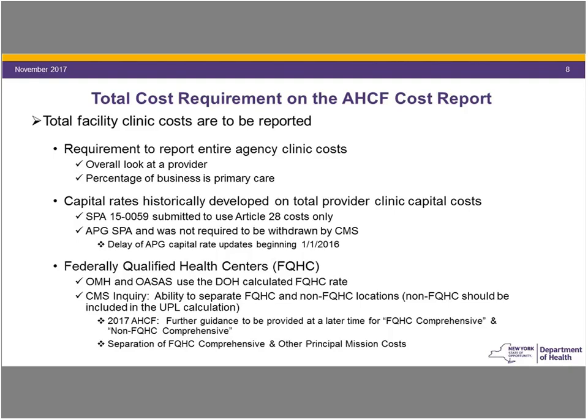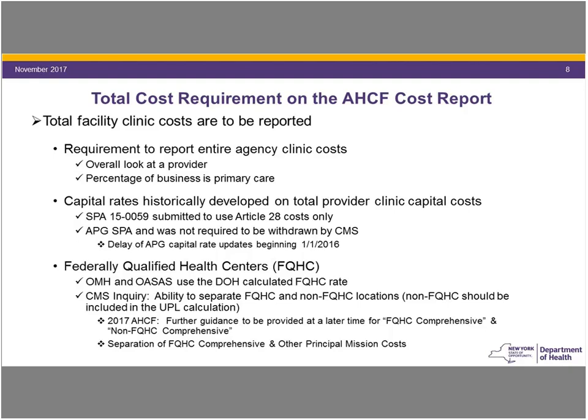The non-FQHC locations should be included in the UPL calculation. Because of the way the cost report is reported, we have everything combined as one. So we do not have the ability to separate the FQHC locations and non-FQHC locations within one clinic's cost report. So that is something yet to come.